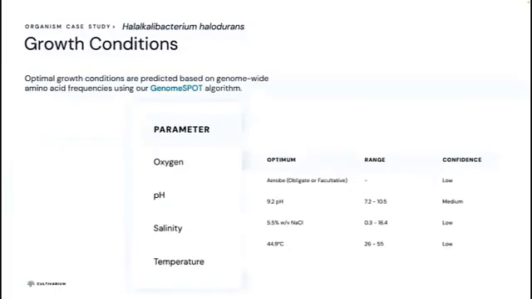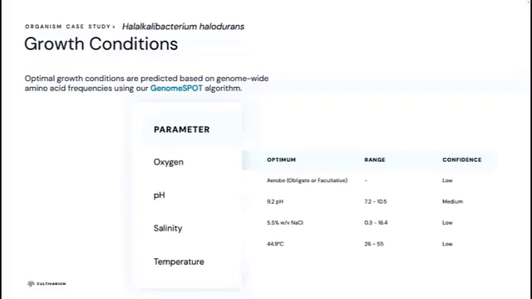For all organisms in the portal, and just to complement our experimental data, we have developed a software tool, the Genome Spot algorithm, that uses amino acid composition of the genome to predict likely growth conditions.